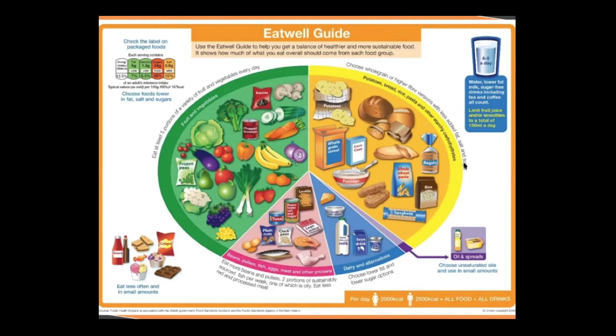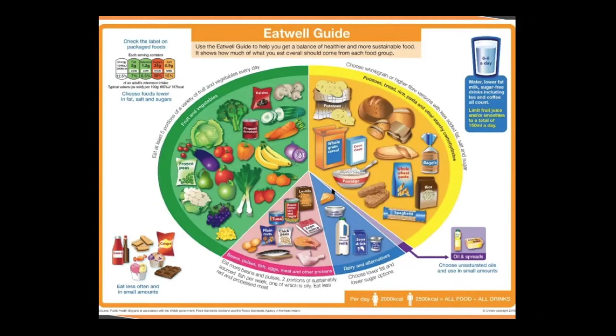Higher fiber works on the digestive tract, so it's good for the digestive system. It makes you feel fuller. It's going to bind to cholesterol. There's lots of good reasons for having lots of fibre in your diet. So that's a good message there.